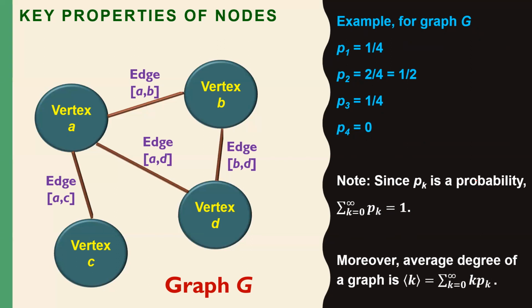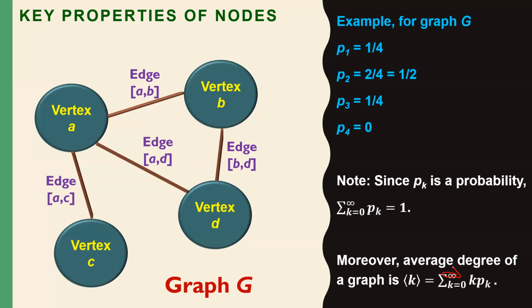Now, moreover, the average degree is simply the expected value, right? Here I am summing up to infinity. It's a discrete distribution. I'm summing up to infinity, but the probabilities for higher degrees, for the probabilities p sub k, whenever k is greater than the size, is equal to 0.